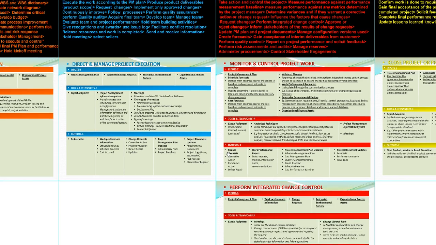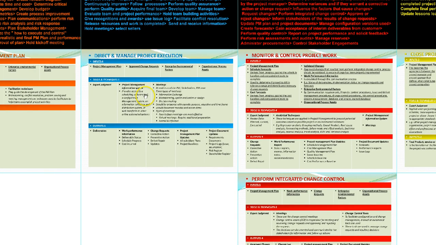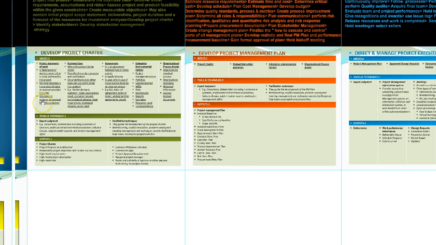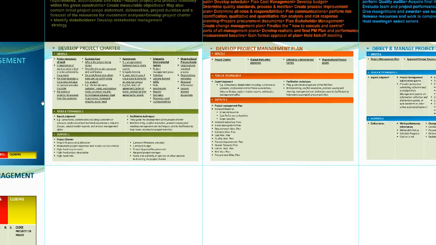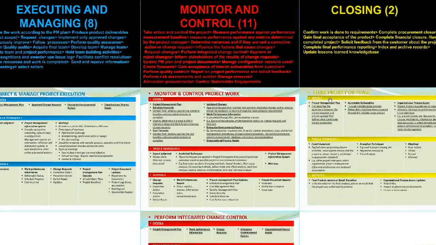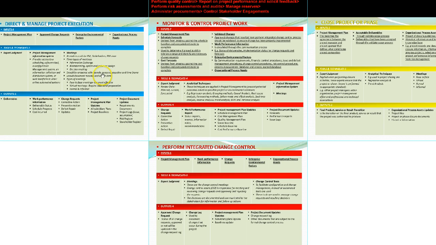If you look, all the processes are single processes in project integration management. Only the monitor and control process group has 2 processes, which are monitor and control project work and perform integrated change control.